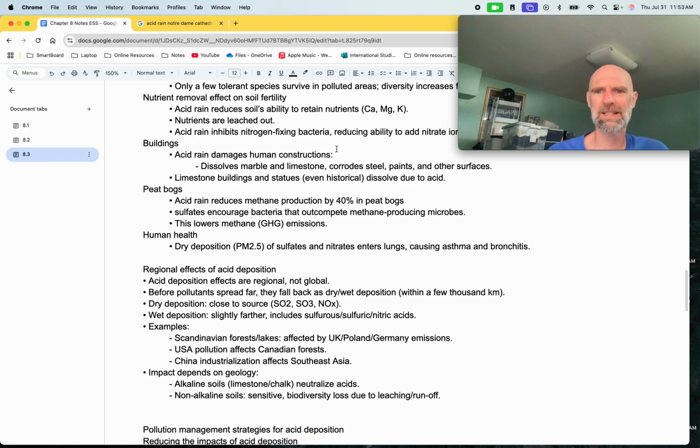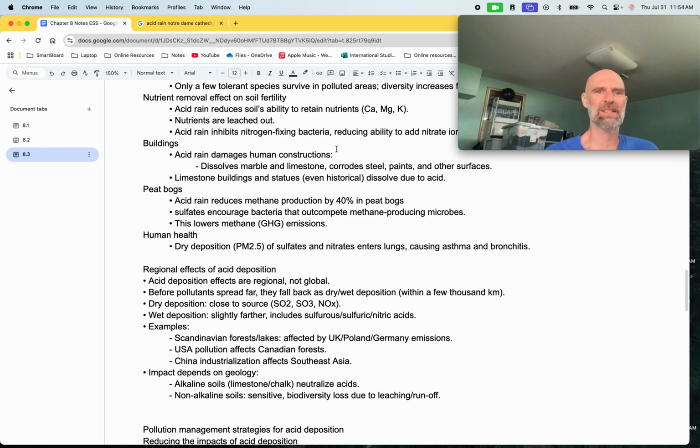Corrodes steel, paints, and other surfaces as well. Limestone buildings and statues, even historical, dissolve due to acid. You bet. So anything that's made out of limestone, and limestone's generally a pretty good material to build with because it's easy to get, it's easy to cut, it's easy to work with, but easy to deteriorate.